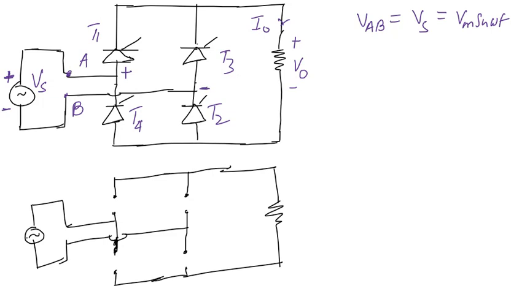Because of this, T1 is forward biased, because the T1 anode is receiving positive voltage, while the T4 cathode is receiving positive voltage, so T4 is reverse biased. Similarly, the T2 cathode has negative polarity, so it is forward biased, and the T3 anode has negative polarity, so it is reverse biased.